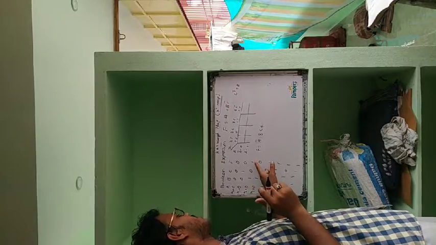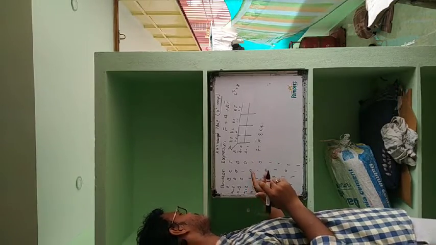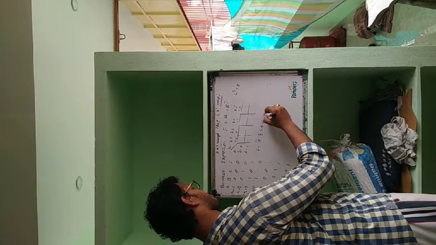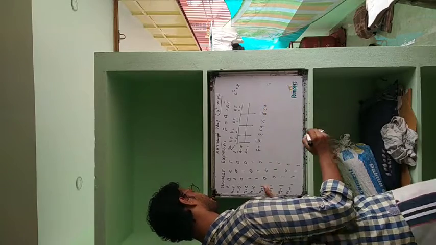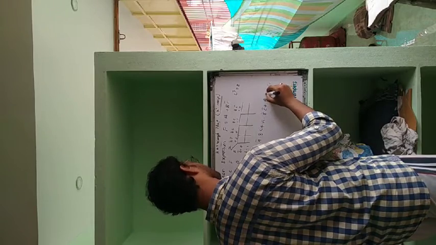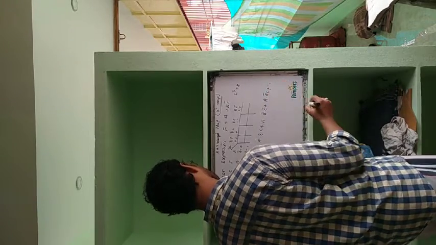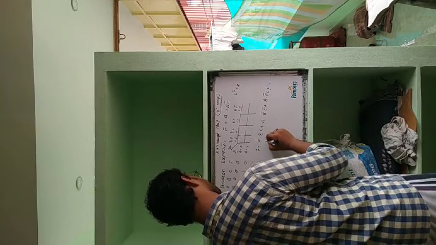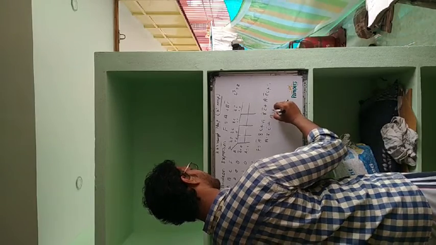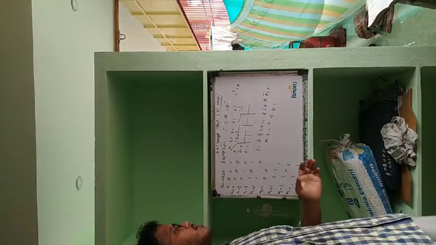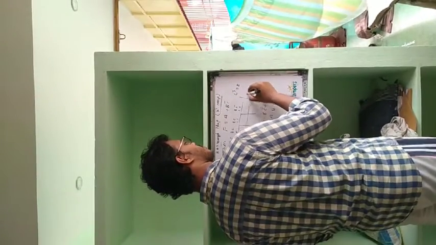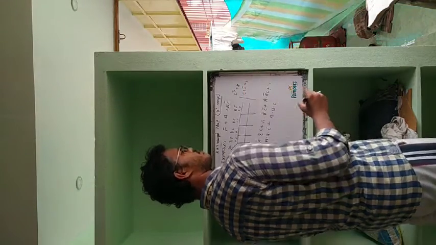So here the function is high: A bar B C plus A B bar C plus A B bar C plus A B C bar plus A B C. You know that C plus C bar is equal to 1.